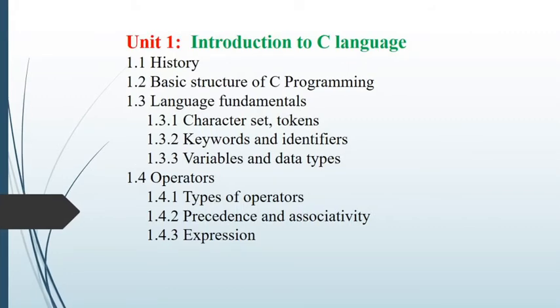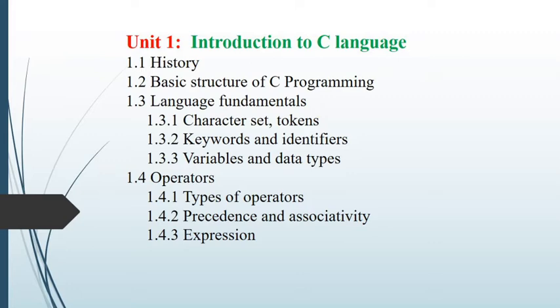The first unit in C programming is basic introduction to C language. In this unit, the contents are: history of C language, basic structure of C programming, language fundamentals. The language fundamentals contain character sets, tokens, keywords, identifiers, variables, and data types.